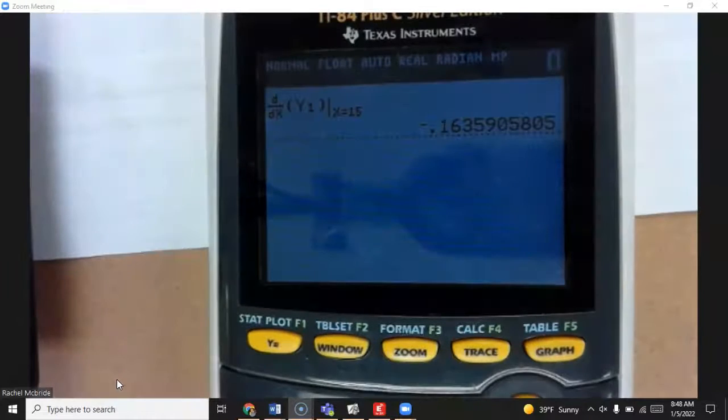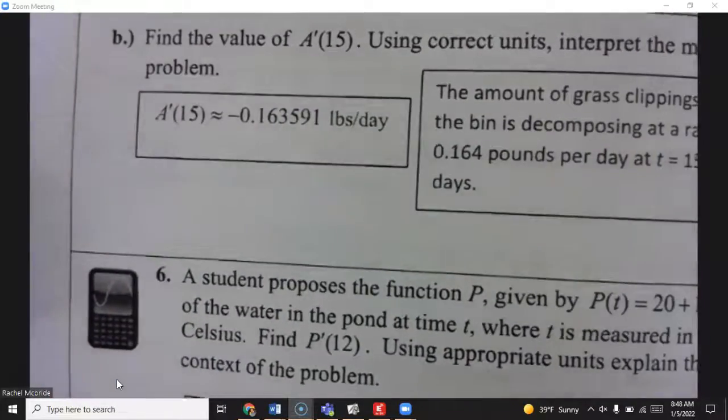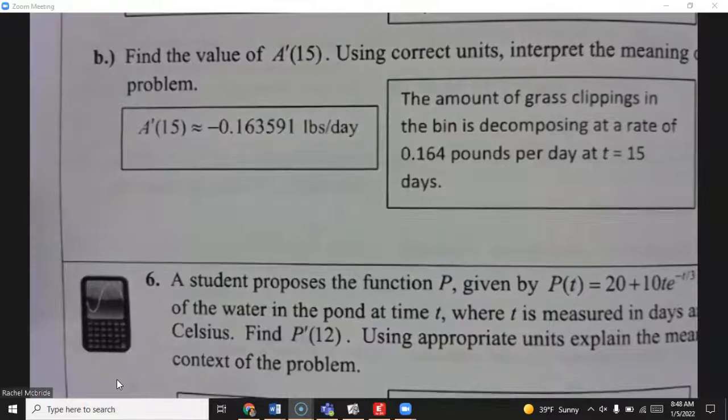Pounds per day. So the answer, if you wrote it out in words, is the amount of grass clippings in the bin is decomposing or decreasing at a rate of 0.163 pounds per day at t equals 15 days.